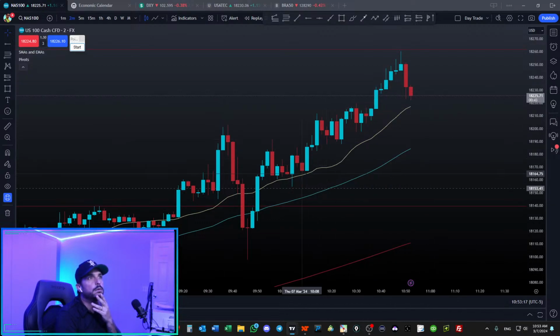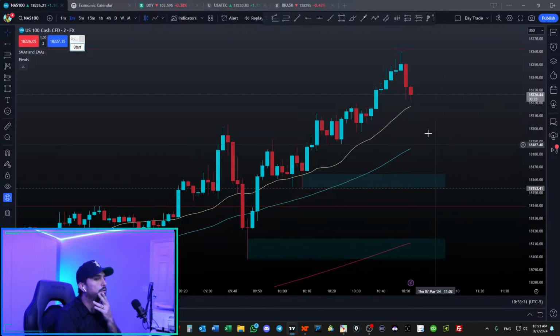So we've got our block here on 2 minutes, and we've got our block here on 2 minutes as well. Let's see, 5 minutes. We don't have much, but those are the areas with a lot of volume.